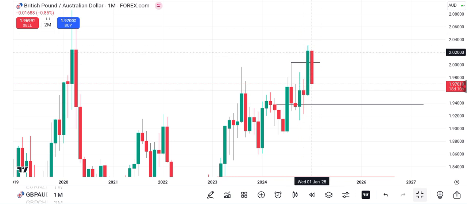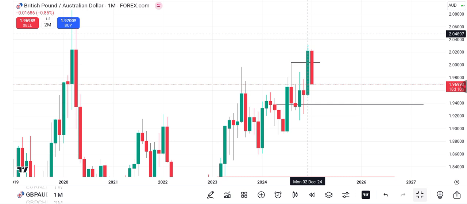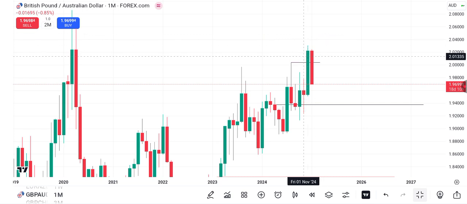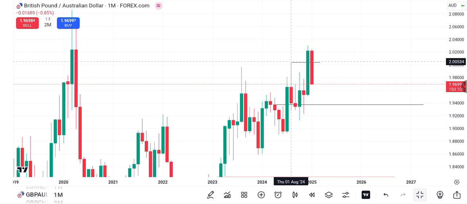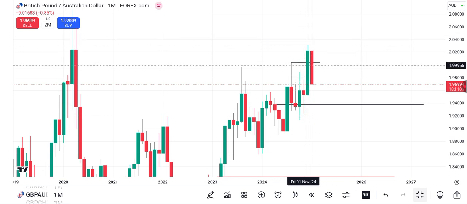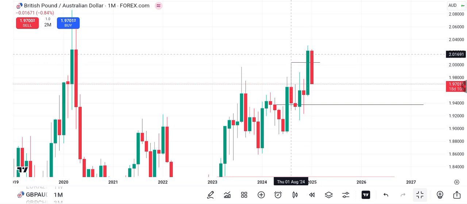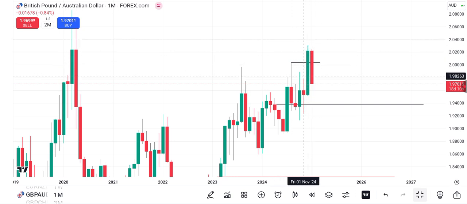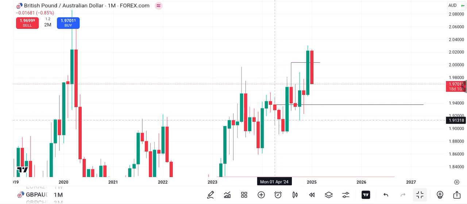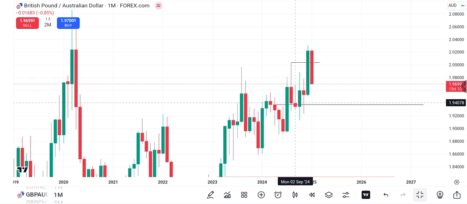So once I see an old high, what I'll be looking for next is, is there a fair value gap, an imbalance that price would want to retrace into after taking out that old high. That's one of the things I look for on the higher time frame. And we can see on this monthly time frame that there is no fair value gap. We can only see old lows.